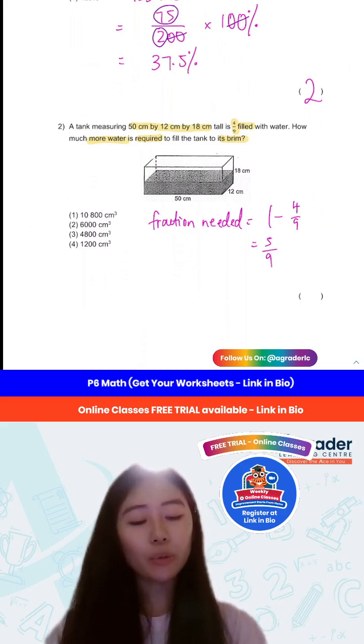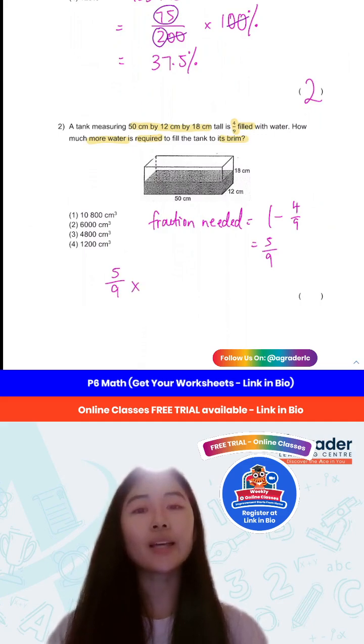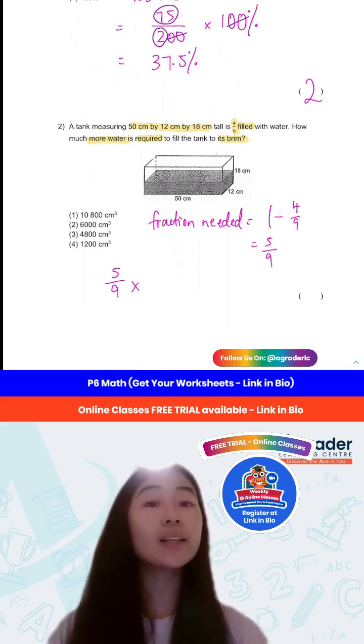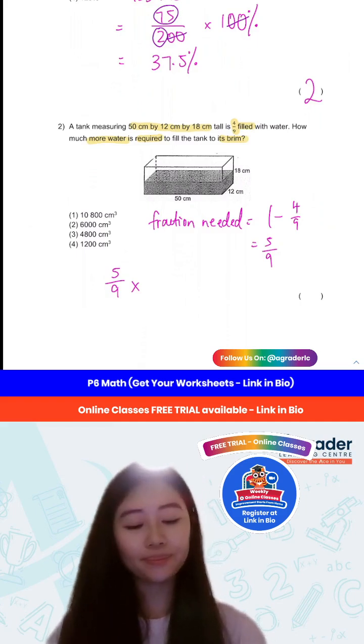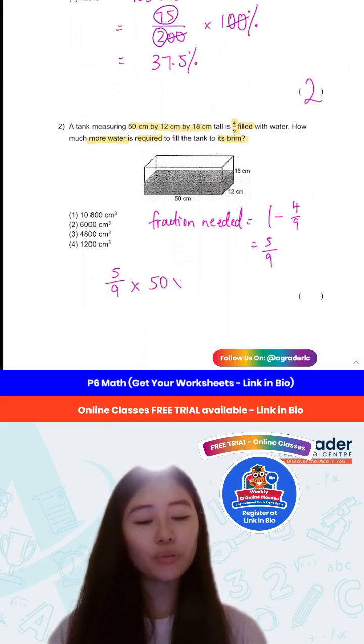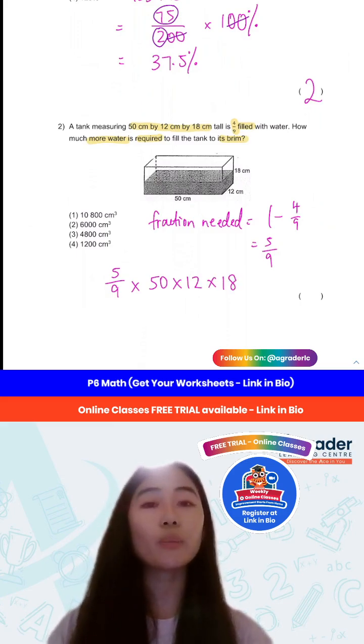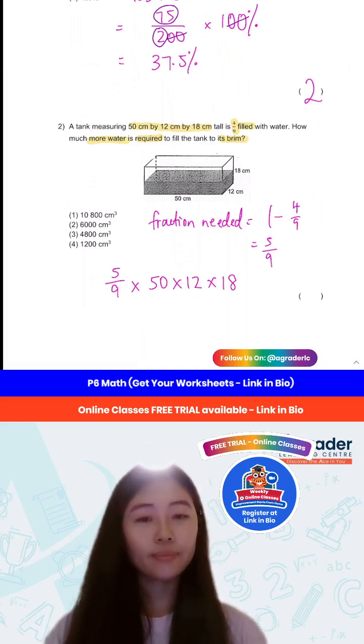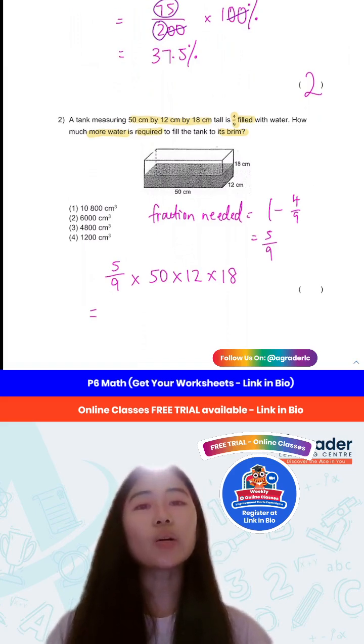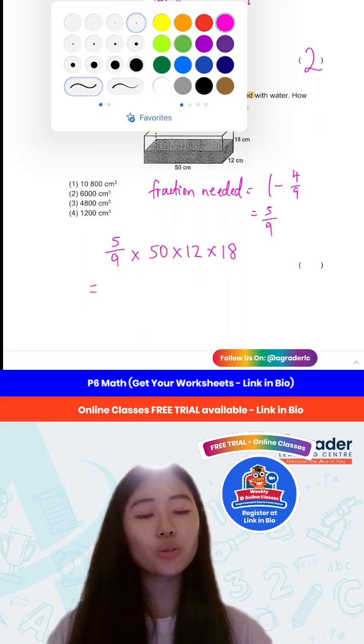After that, I'm going to use 5/9, and then you just need to multiply the length, the breadth, and the height. So you're going to times 50, times 12, and times 18. Remember that the formula for volume is length times breadth times height. Okay, so you just need to calculate this. I would suggest you use cross cancellation.